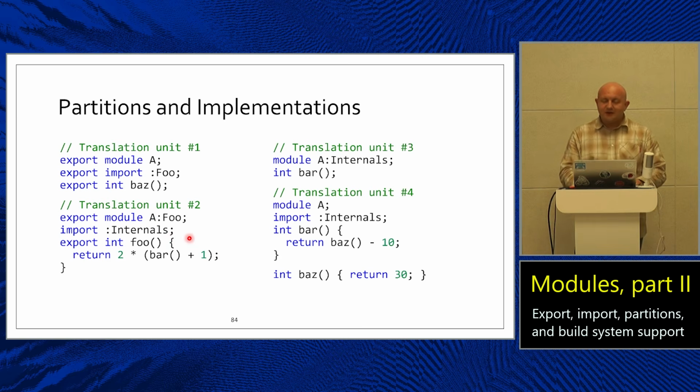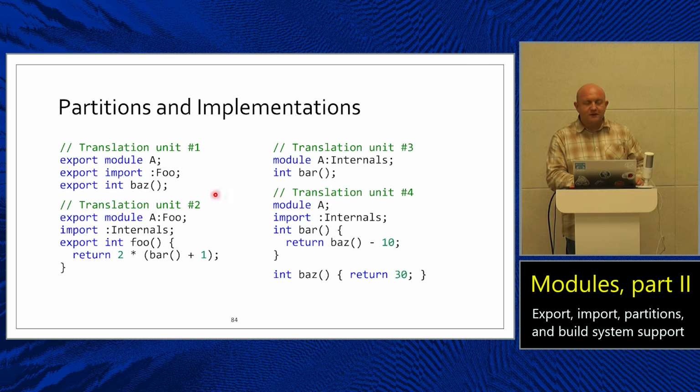And notice, we can also import partitions not just from an interface unit, but from an ordinary implementation unit as well. This means you can structure your model however you like. Clean interface partitions at the top and shared ones like this module A internals partition, and for module A the implementation unit imports internals another time. You see?